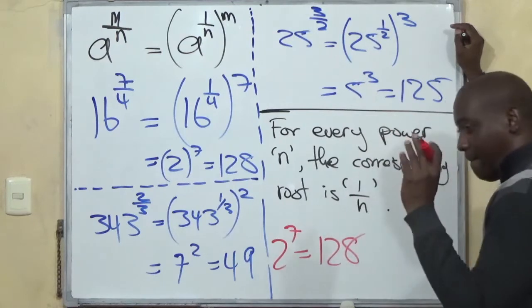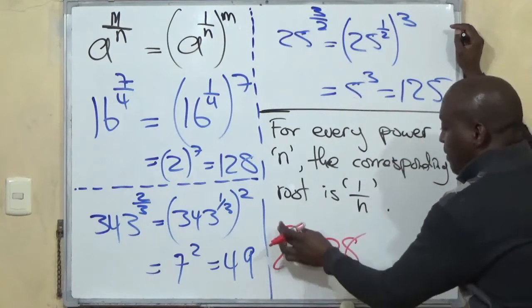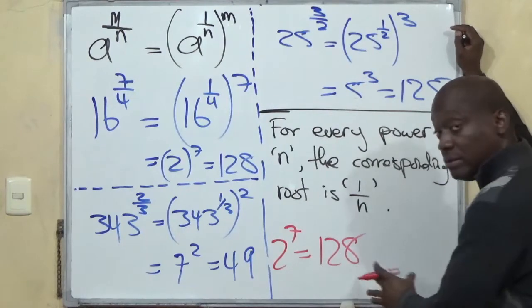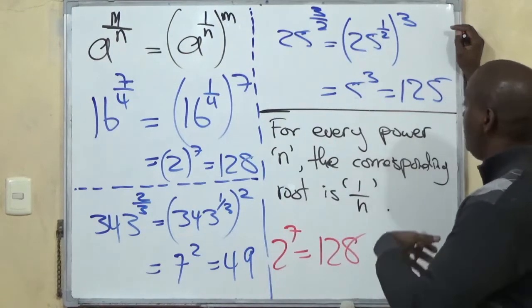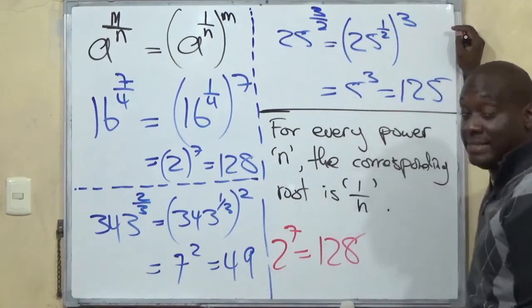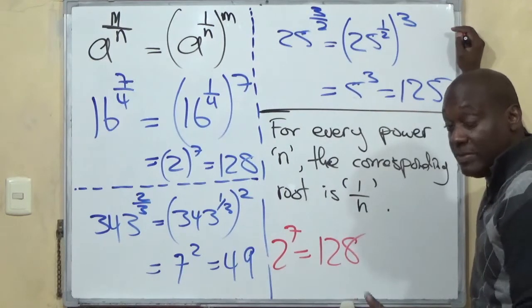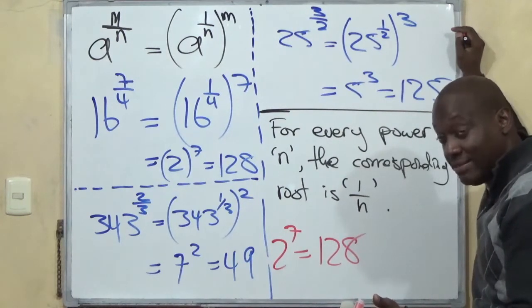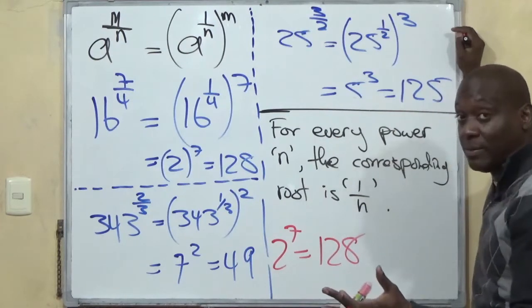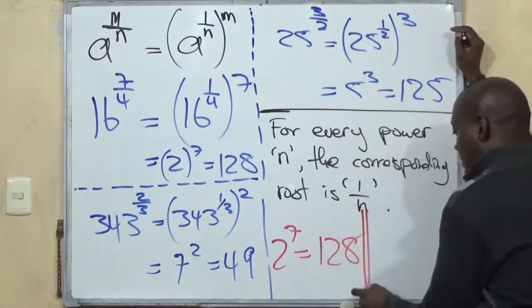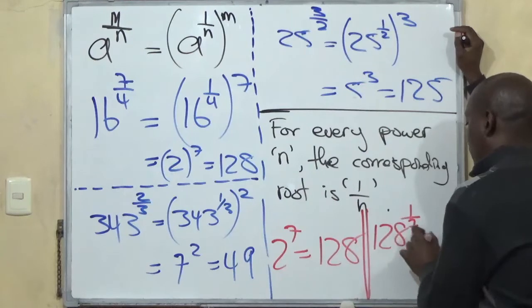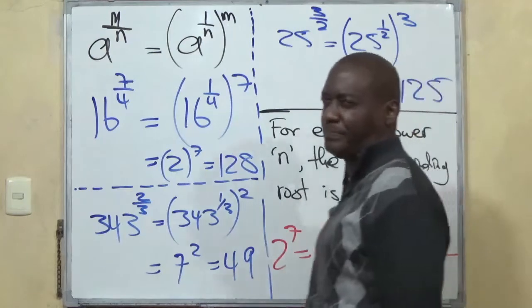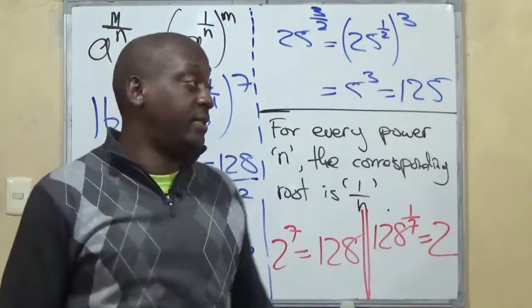If the 7th power, 2 to the power 7 is 128, then the flip side of this, the corresponding root in this situation will be the 7th root, not so? If the power is 7, then the corresponding root will be the 7th root, and that will be represented by 1 over 7. So the flip side would be to say that 128 to the power of 1 over 7 is equal to 2. And that basically is it.